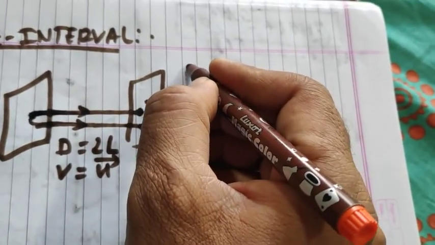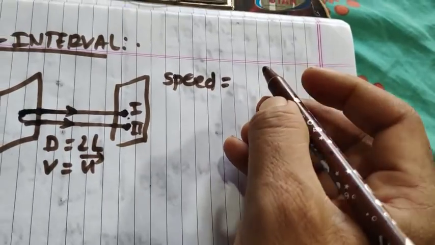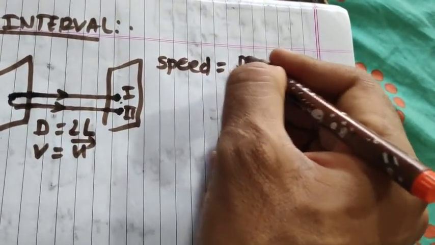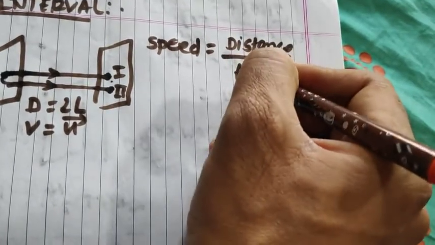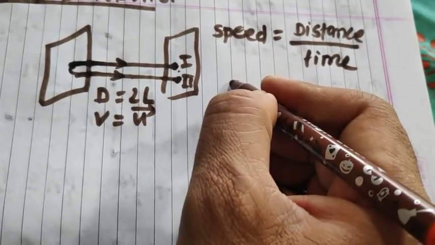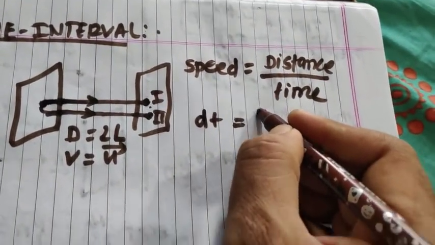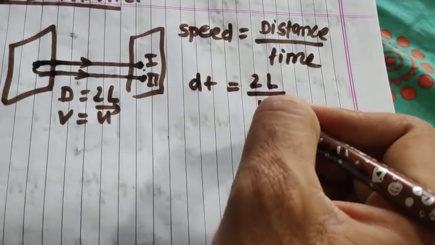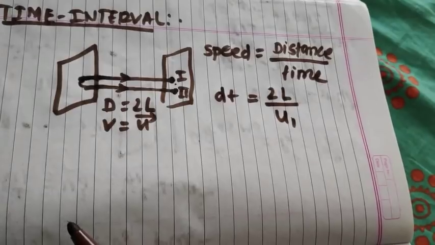Magnitude wise, velocity will be speed, and speed is equal to distance upon time. Now we want the time interval between two successive collisions. We can have the time interval dt equal to total distance covered 2L upon its speed u1. This is for the first molecule.